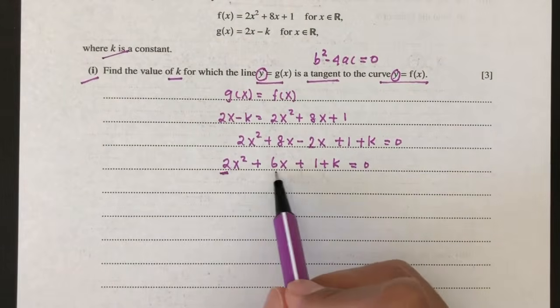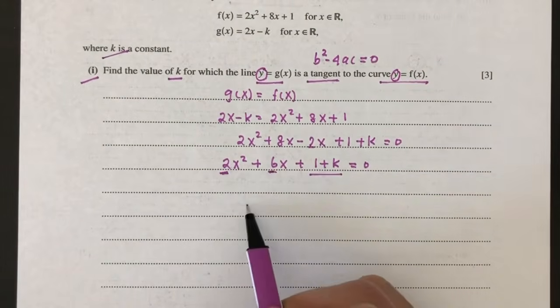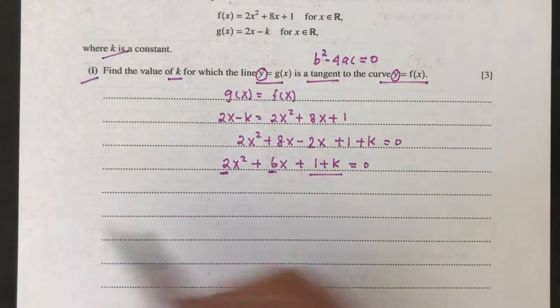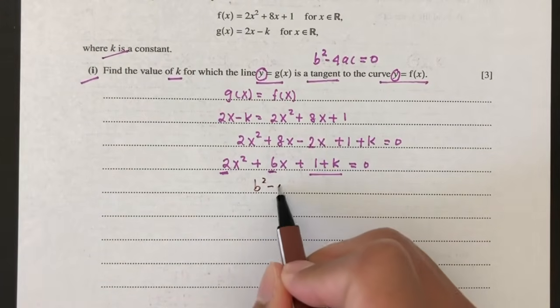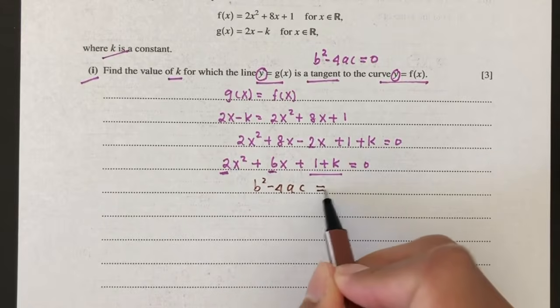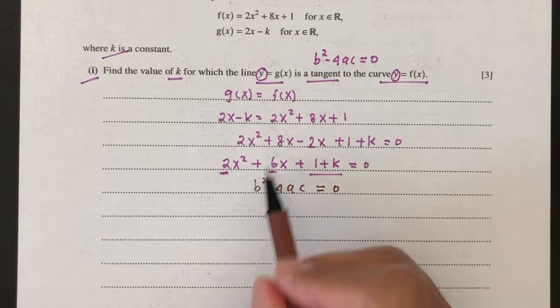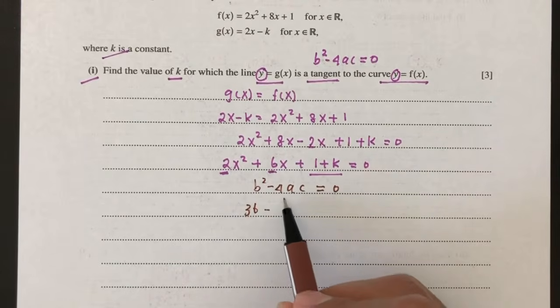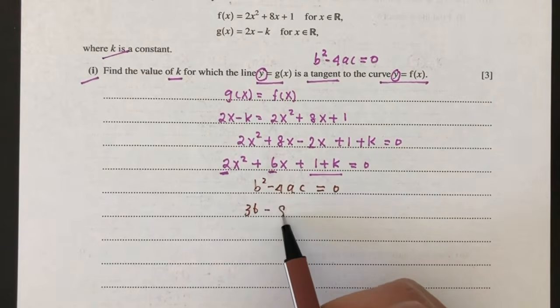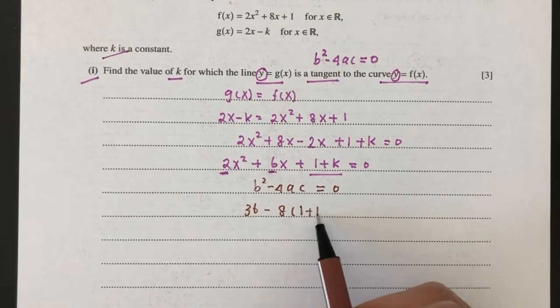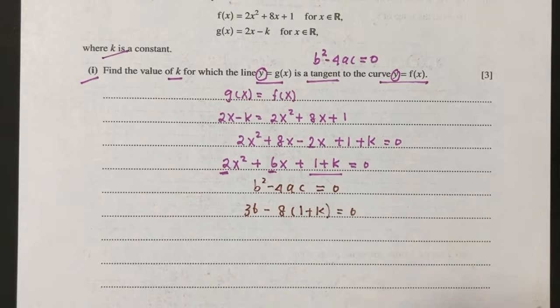Now this is a, b, and c. So we have to use b squared minus 4ac. So b squared minus 4ac equal to 0 because of the tangent, at only 1 point. Now b squared will be 36 minus 4 times a, that will be 8, times c will be 1 plus k, equal to 0.